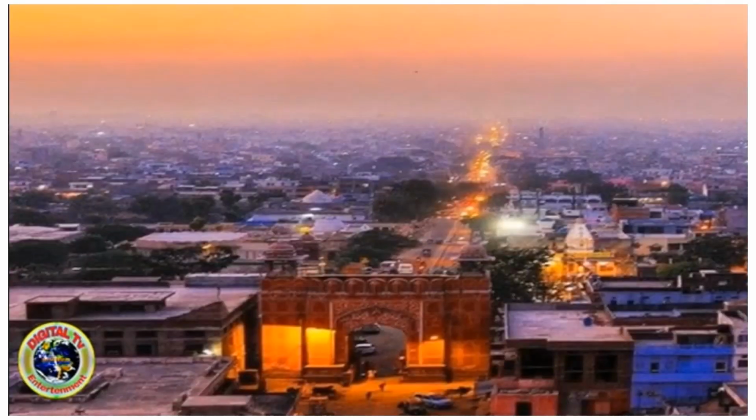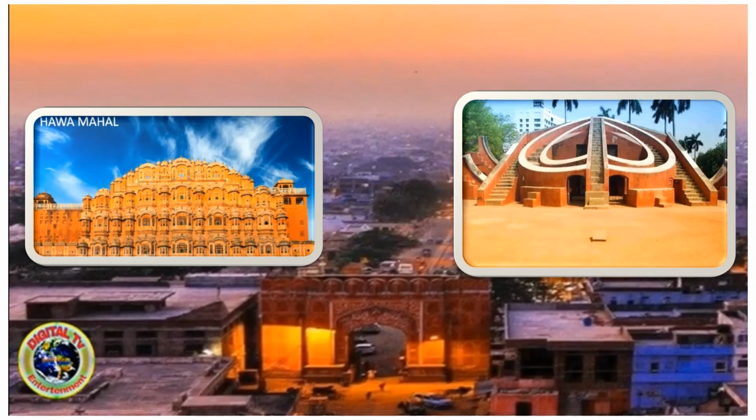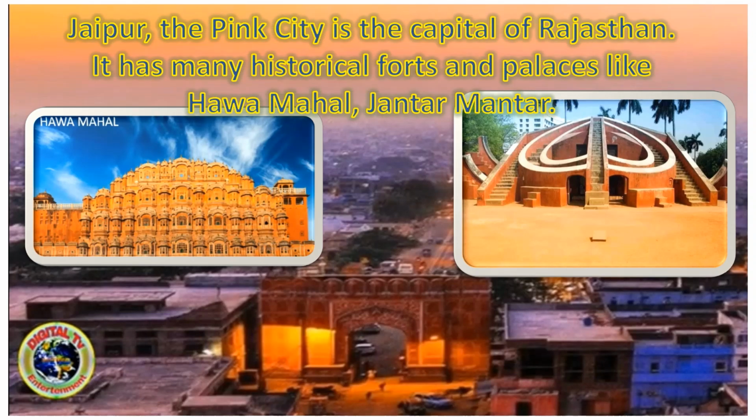Children, this is the picture of Jaipur city. Hawa Mahal, Jantar Mantar. Jaipur, the pink city, is the capital of Rajasthan. It has many historical forts and palaces like Hawa Mahal and Jantar Mantar.